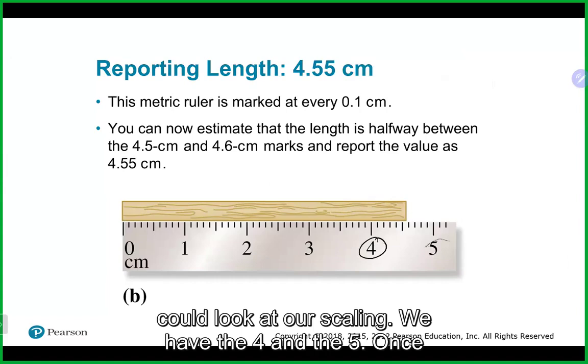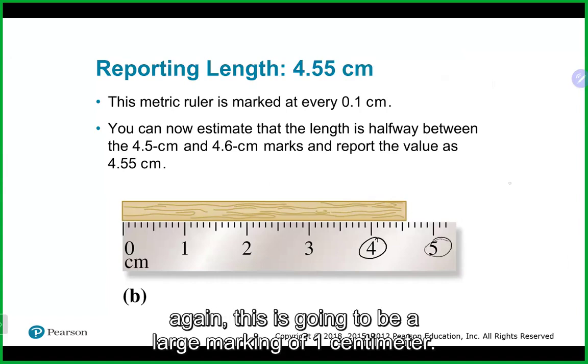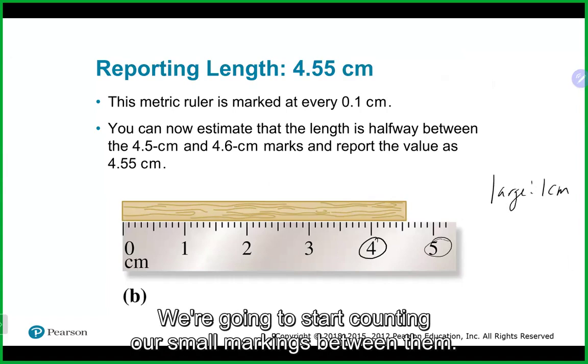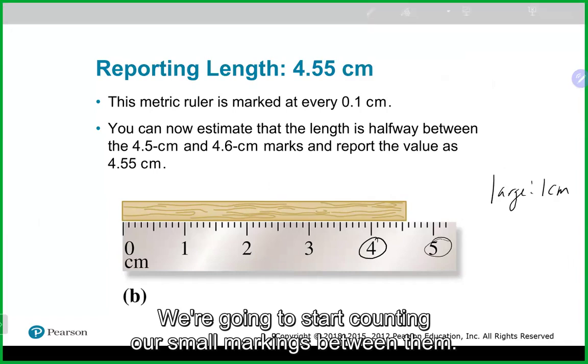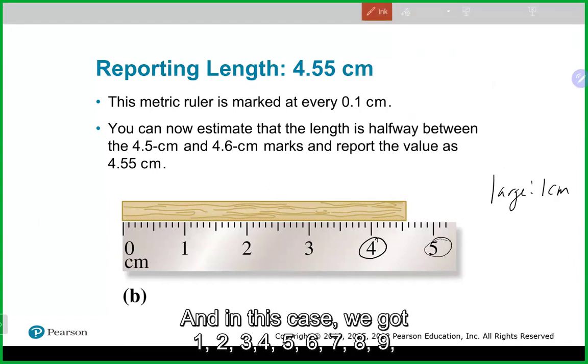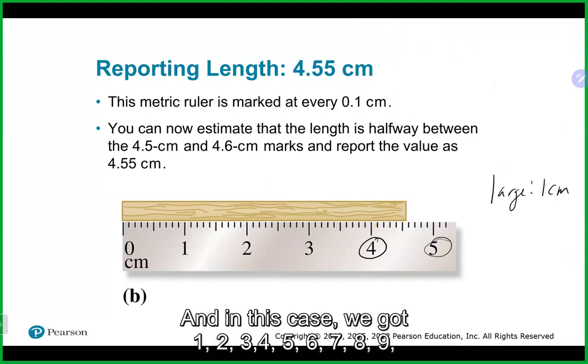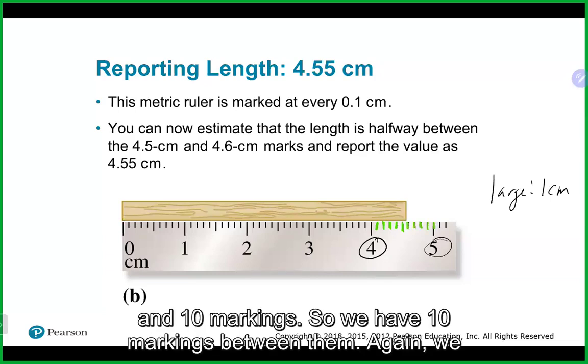Now on this particular one, we again could look at our scaling. We have the 4 and the 5. Once again, this is a large marking of 1 centimeter. We're going to start counting our small markings between them. In this case, we get 1, 2, 3, 4, 5, 6, 7, 8, 9, and 10 markings.